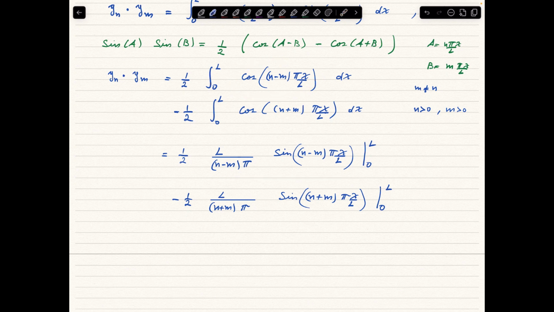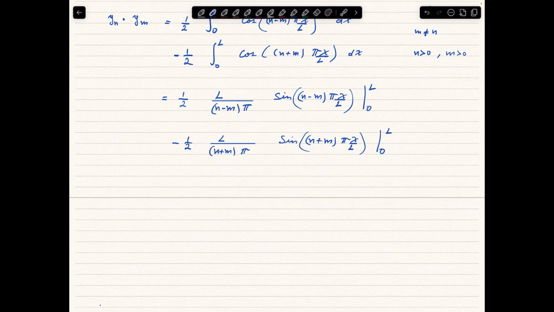So what do we do now? We do the evaluations. So let's move on to this little page. So we have yn dot ym, the dot product, and then what is that going to be equal to? In the first term we have L over 2 n minus m pi, and then when we do the evaluation, what do we get?